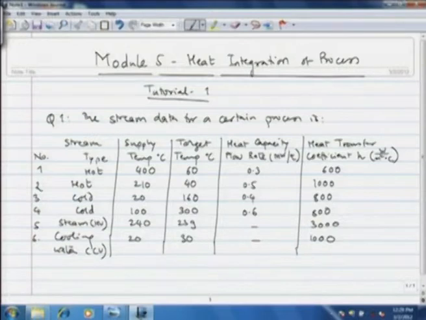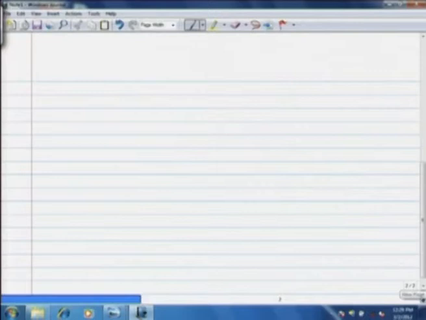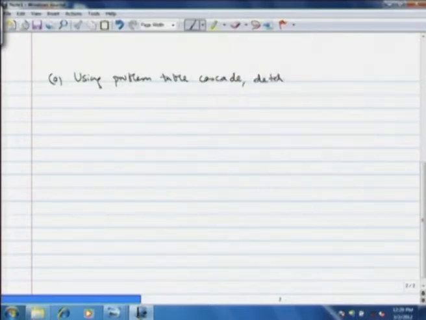Now, we have to answer 3 questions based on this stream data. First is that using problem table cascade, determine the minimum hot utility and minimum cold utility.